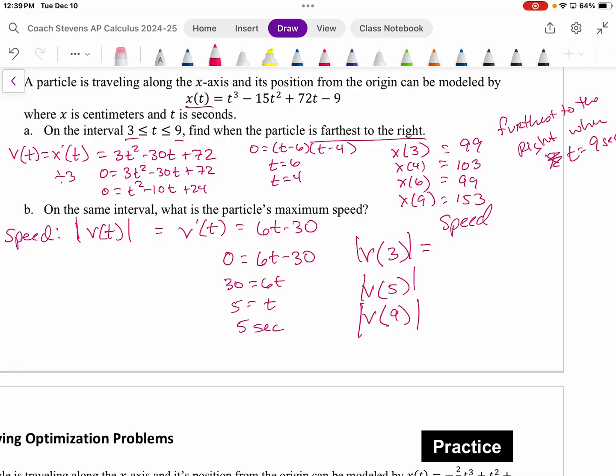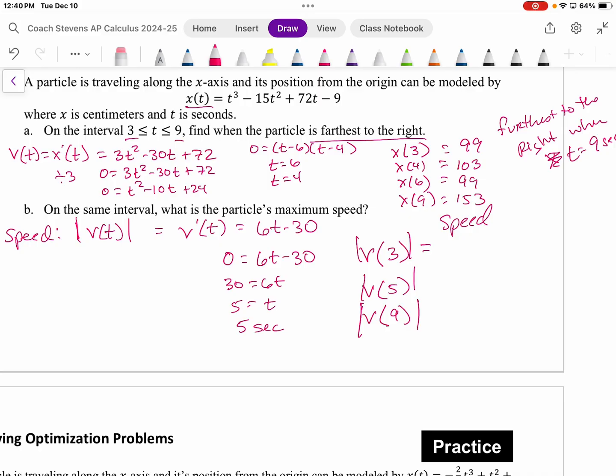Again, if you want to, you can put the velocity equation into Y2. Go into Y equals, and in Y2 put the derivative, which was 3x squared minus 30x plus 72.